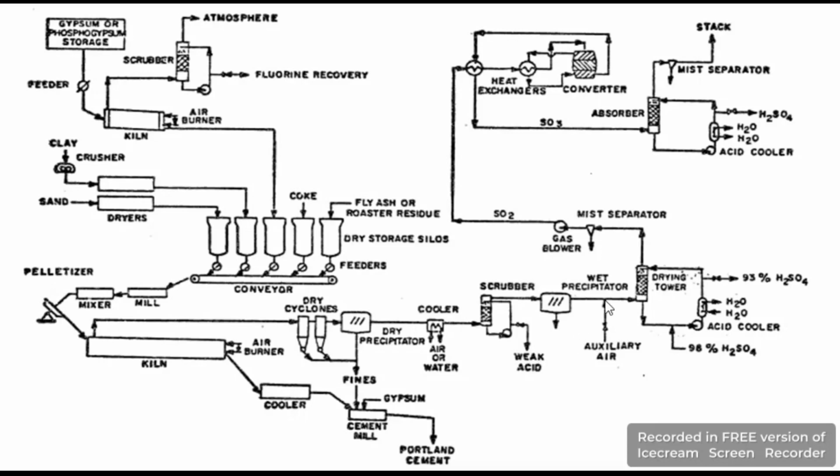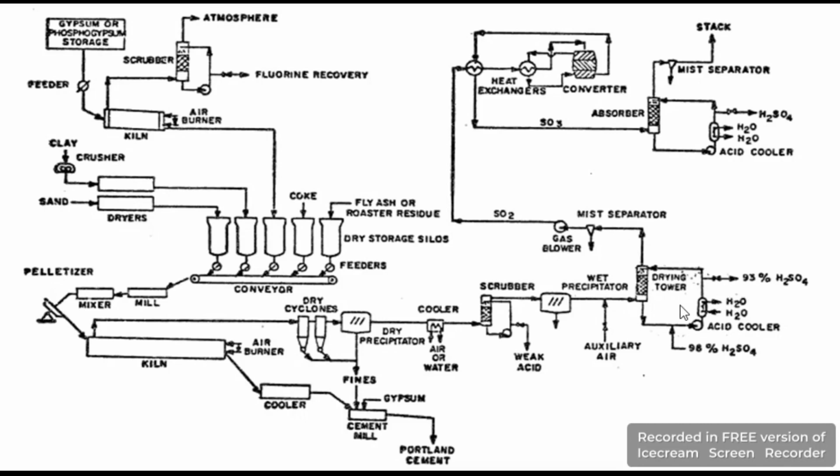Here we will get a wet precipitate, which means some moisture will be removed. After that, drying takes place with the help of concentrated sulfuric acid. You can see here 98% concentrated sulfuric acid will be used, and also 93% sulfuric acid will be used. So drying of that sulfur dioxide will take place.